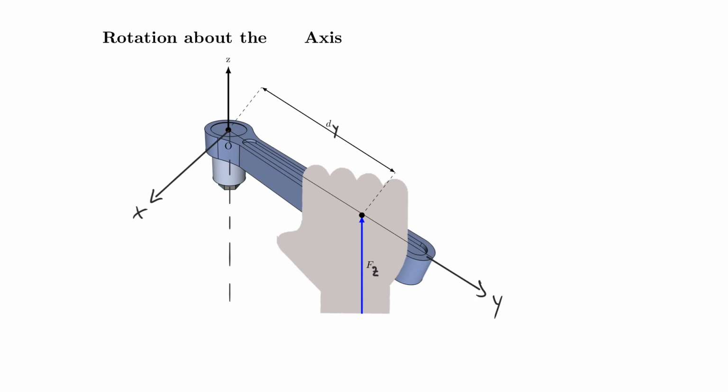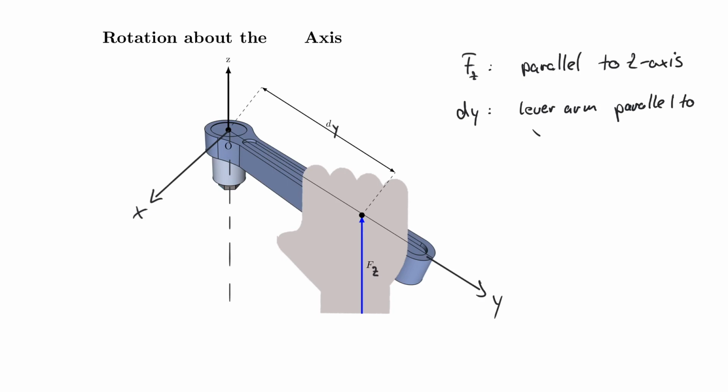So now we have a force parallel to z-axis, and our dy is still a lever arm parallel to the y-axis.